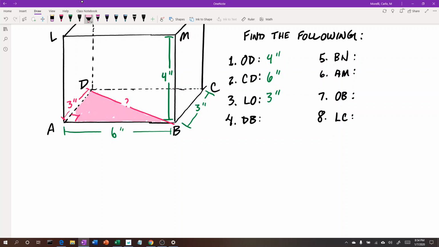Okay, so we can figure out distance dB by using the Pythagorean theorem. Oh, this is really cool.